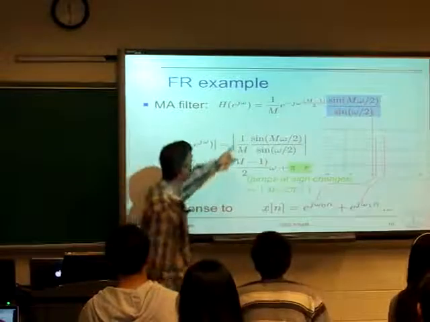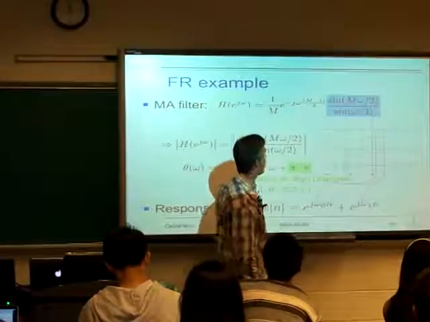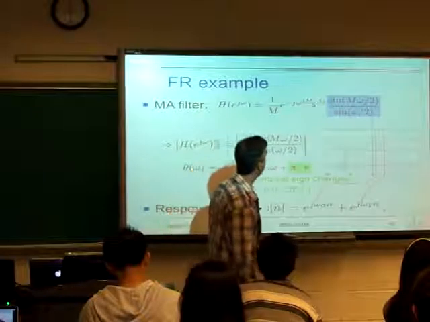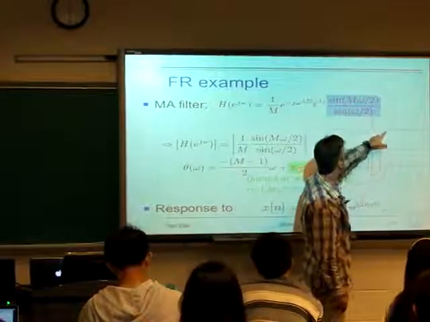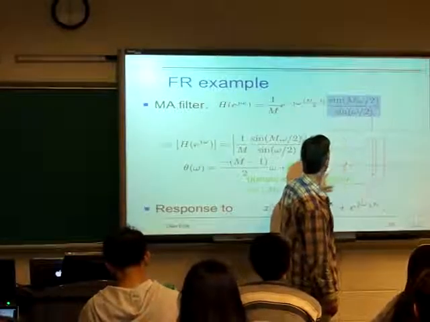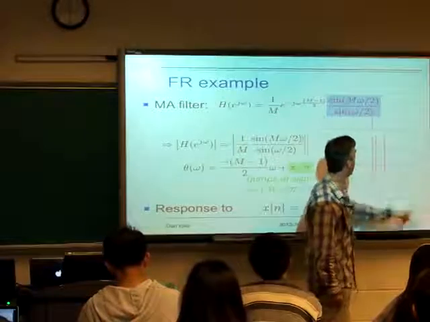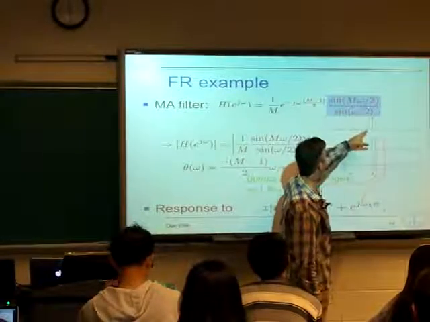So here's that expression again, and here's actually plotting it to see what it does for m equals 5. This is sine m omega on 2 divided by sine omega on 2 for m equals 5, for omega from minus 2 pi to 2 pi.